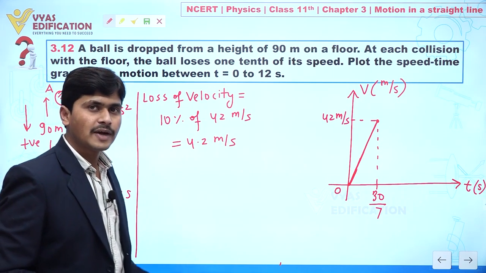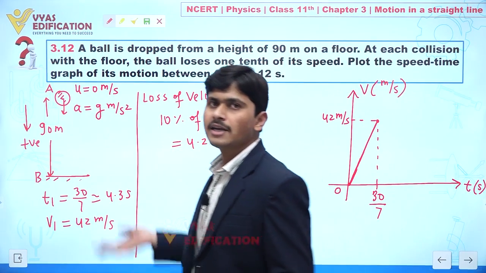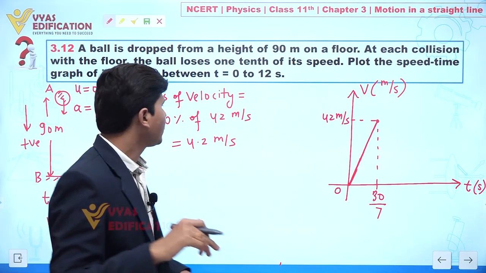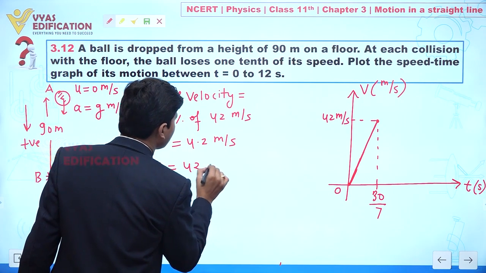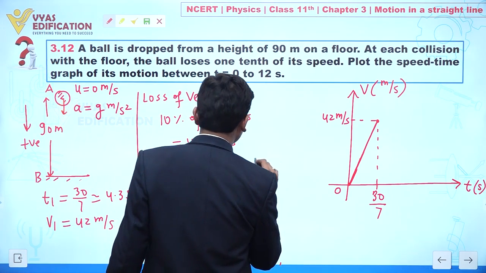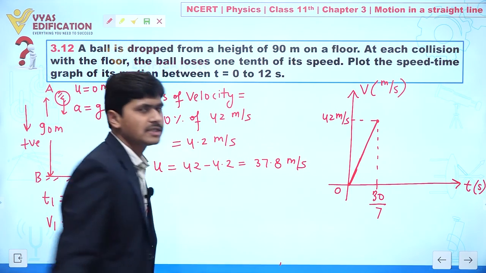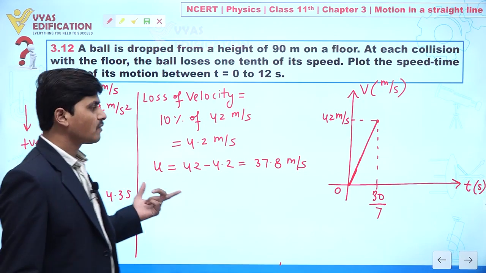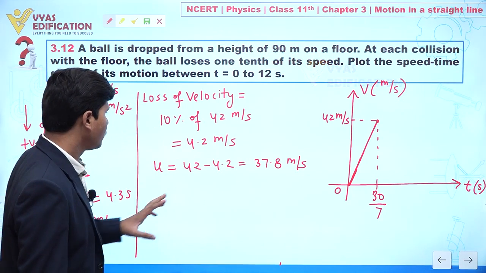So when the ball strikes the ground and rebounds upward, the initial velocity is 42 minus 4.2, which is 37.8 meter per second. So u equal to 37.8 meter per second.